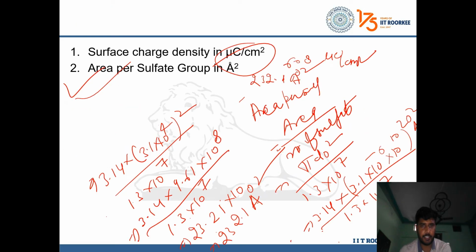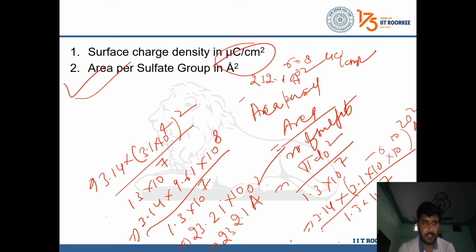You can easily put those values, and you will get the surface charge density in microcoulomb per centimeter square. You just have to convert the units after getting the resultant value, so make sure that you get the value in microcoulomb per centimeter square.